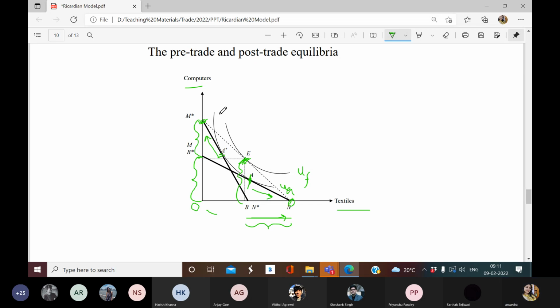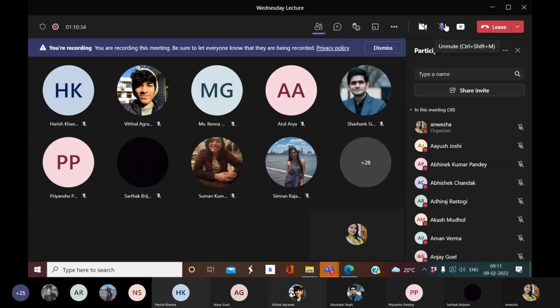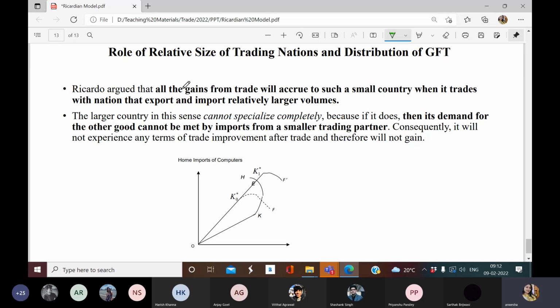So now we'll check the importance of the role of relative size of the trading countries.